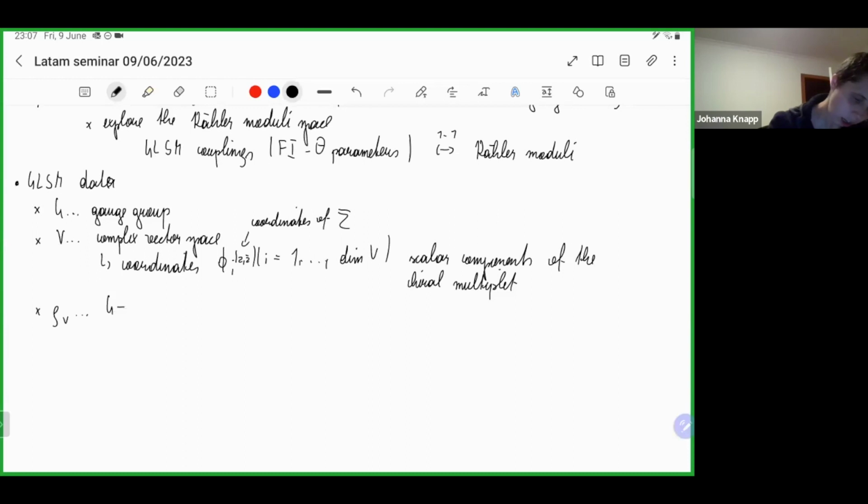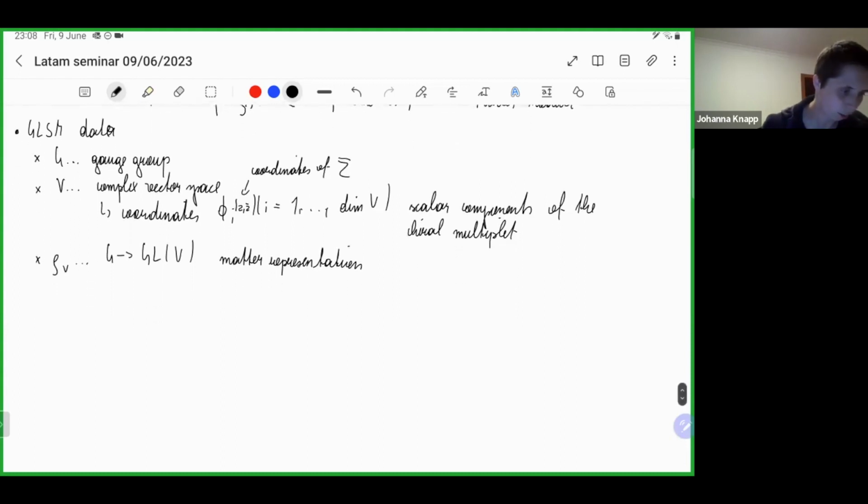the fields transform. And also, in a rather abstract mathematical language, this means giving a matter representation, which I will denote by rho. So this is the matter representation. So this tells us how our phi I transforms, and because they come in multiplets with fermions, and we know the properties of fermions, we also know how the fermions transform under this gauge symmetry, so we don't need this.